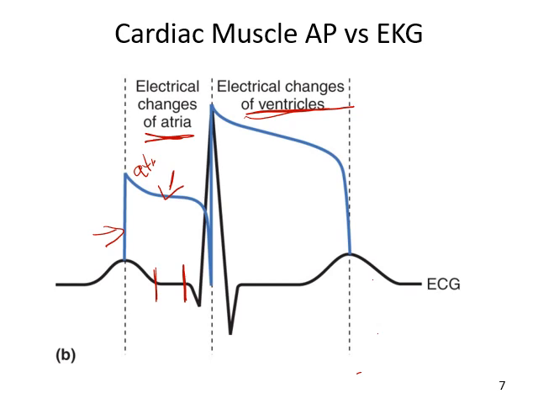And remember, right in there, our atria are contracting. Our atria depolarized right in here, but that's hidden by QRS. Our ventricular depolarization is detected right up here, right in the very middle of the QRS. Again, plateau, then contraction. Our ventricles are repolarizing, and that is picked up as the T wave.